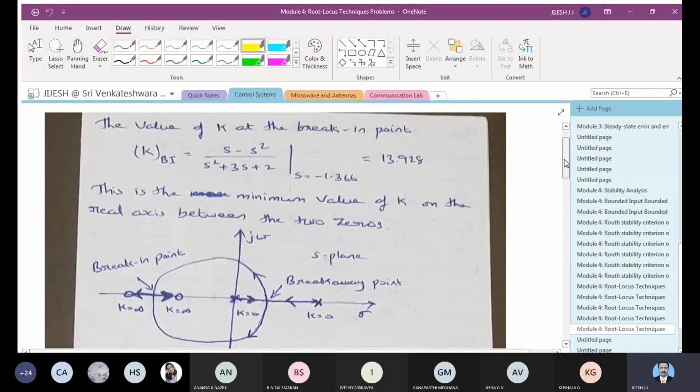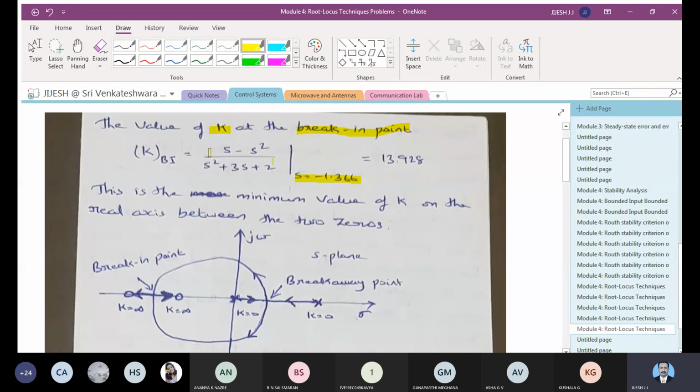So the value of k you found for the breakaway point. Let me just take you through the break-in point as well. So you know that s is equal to minus 1.366 is the break-in point. So the value of k at the break-in point you can find by substituting s is equal to minus 1.366 in this.